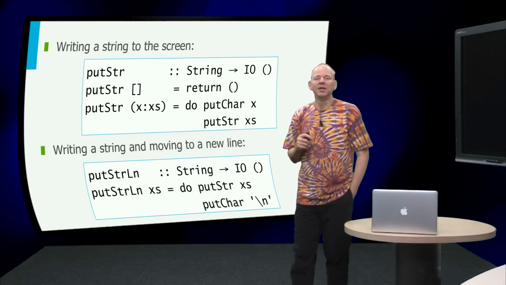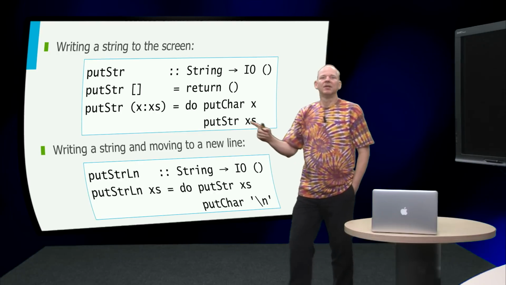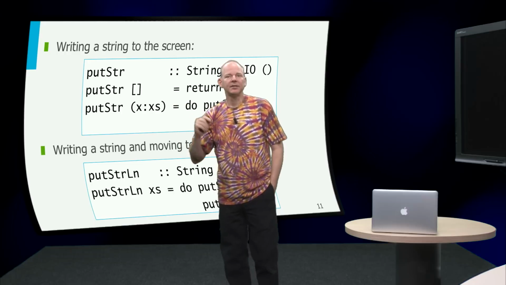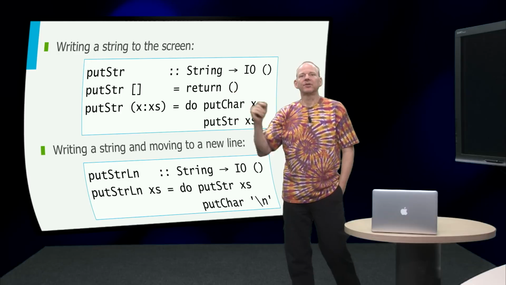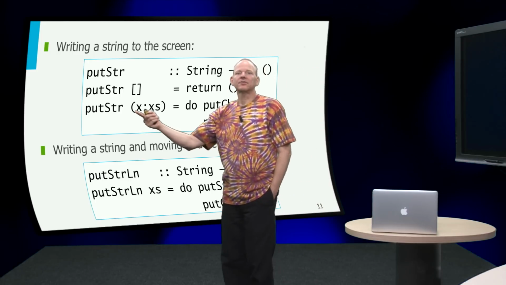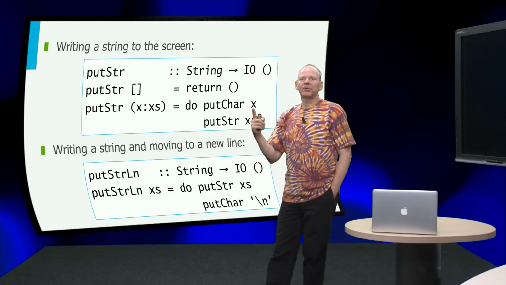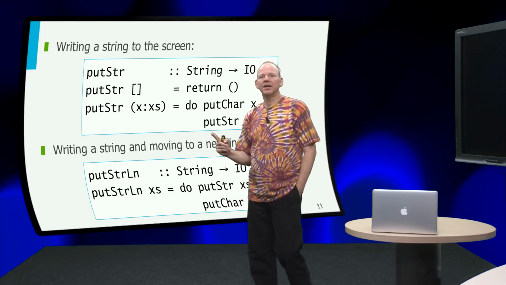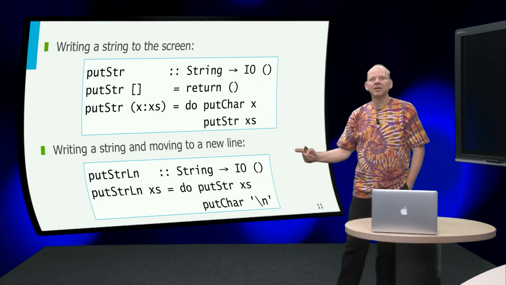Here's an example that takes a string and writes it to the standard output. If we have the empty string, we cannot do anything, so we just return unit immediately. If we have a string that starts with a character x followed by a string xs, we print the first character, and then recursively we print the rest of the string on the screen.